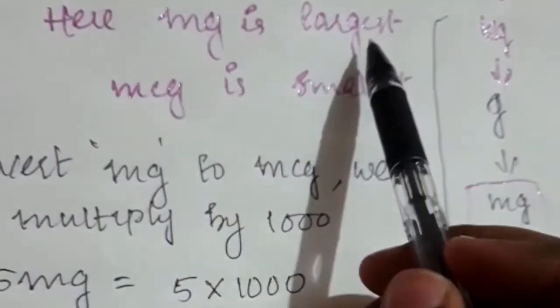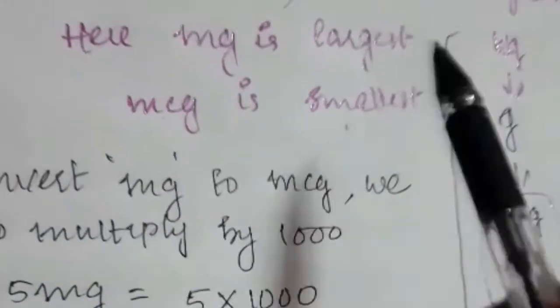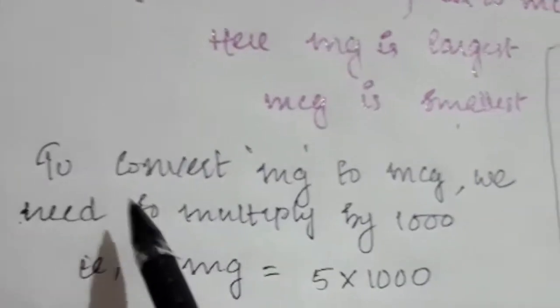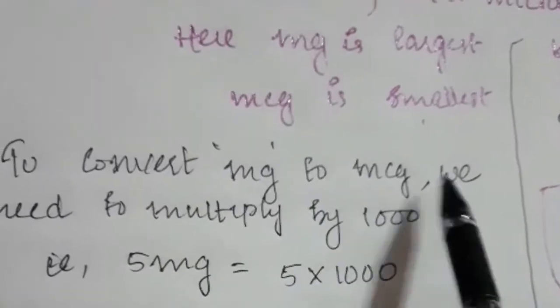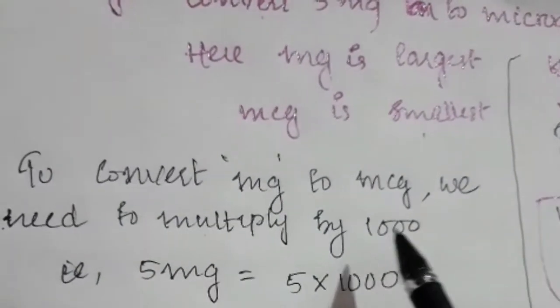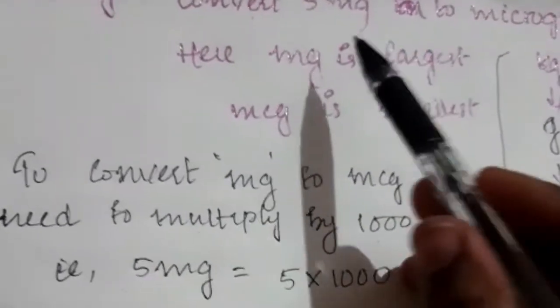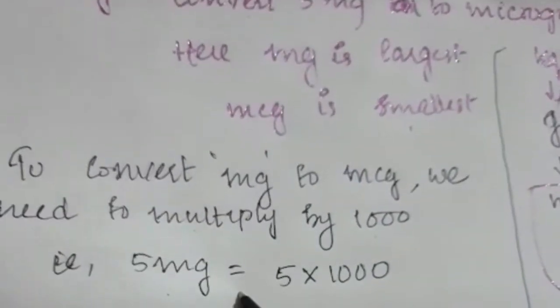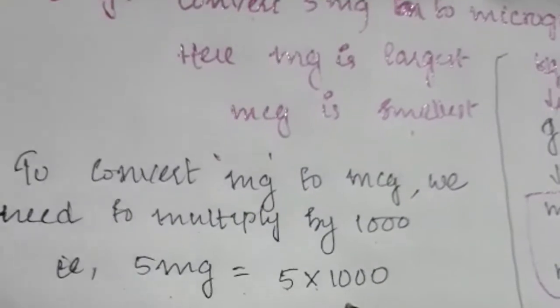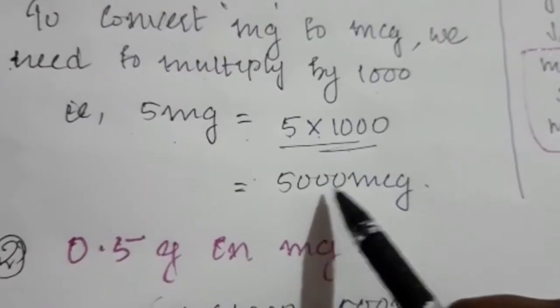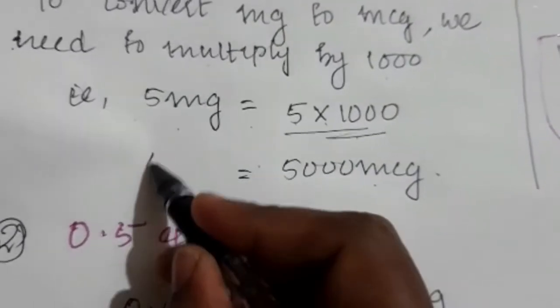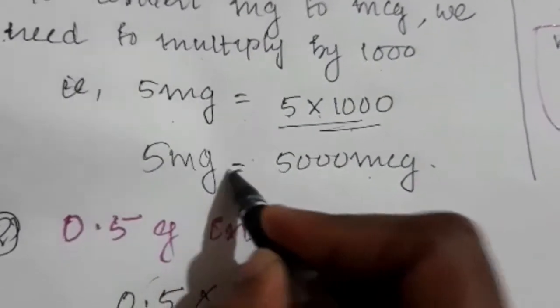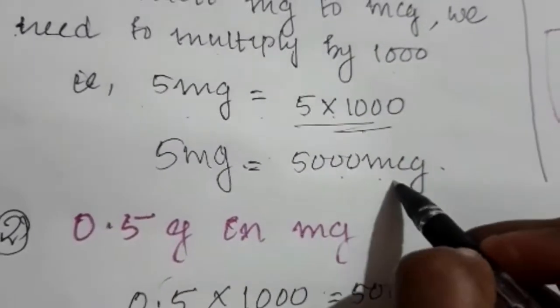Milligram is largest and microgram is smallest, so to convert mg to microgram we have to multiply by 1000. That is, 5 mg is equal to 5 into 1000, so we get 5000 microgram. 5 mg is equal to 5000 microgram.